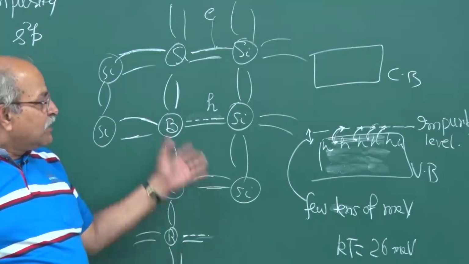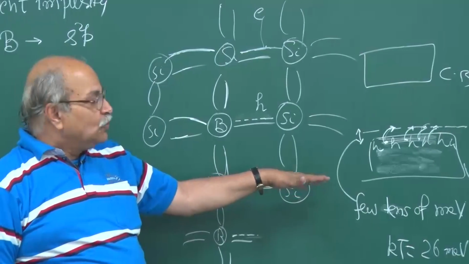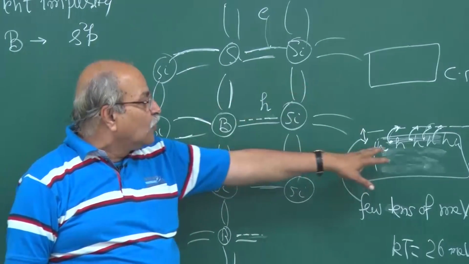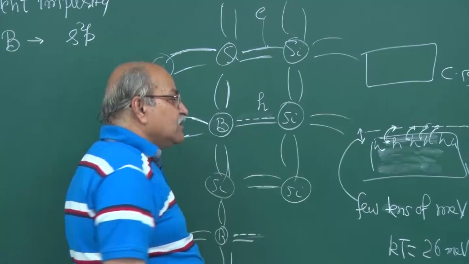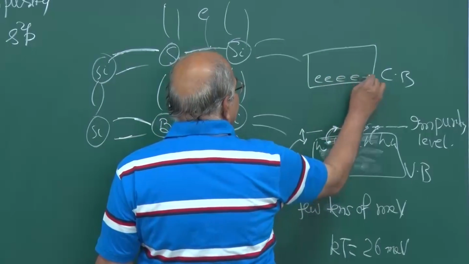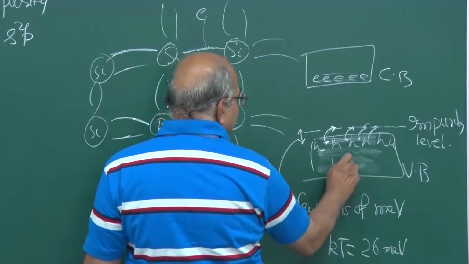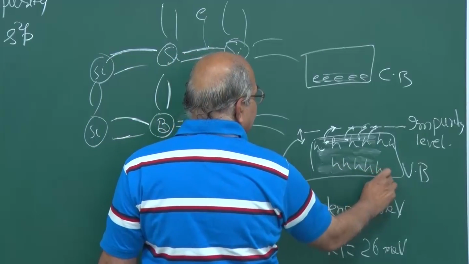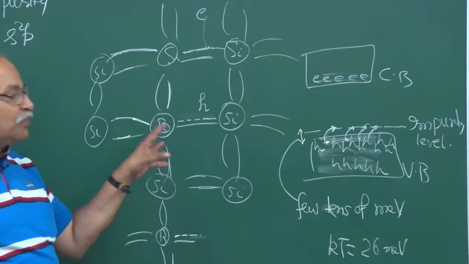So by putting this trivalent impurity in silicon, you are creating many new holes in the valence band. And to start with, there were some quantum states filled by electrons in the conduction band, and corresponding holes were there, but now you are putting many more holes through this doping.